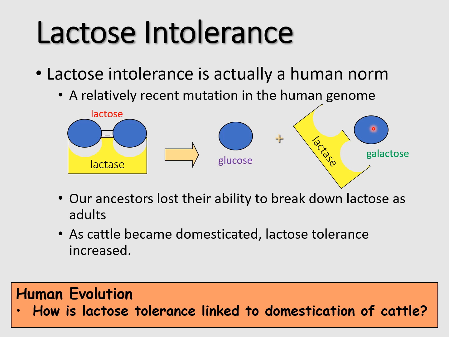And there's actually 4 different mutations in different ethnicities going back 9,000 years in Europe, because it became a survival advantage if you were able to drink the milk of these domesticated animals, right? So the evolution came hand in hand with the domestication of cattle, then we became more lactose tolerant.